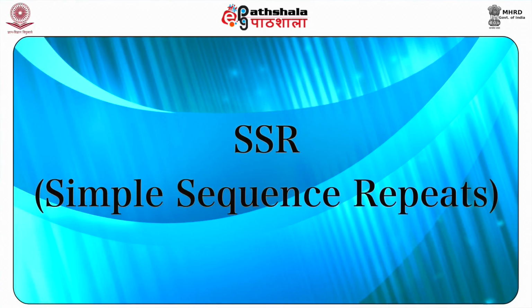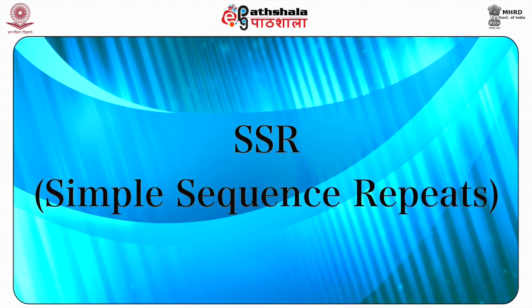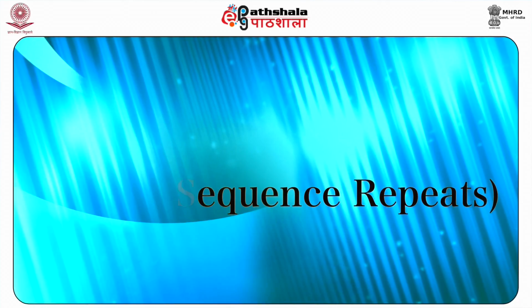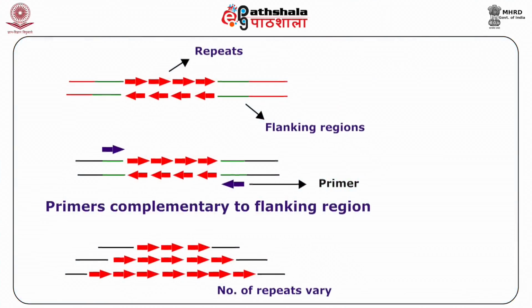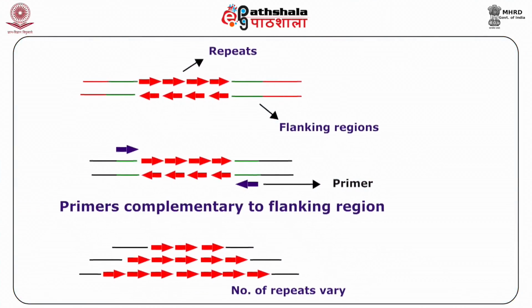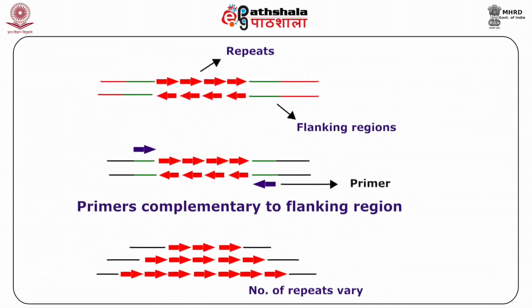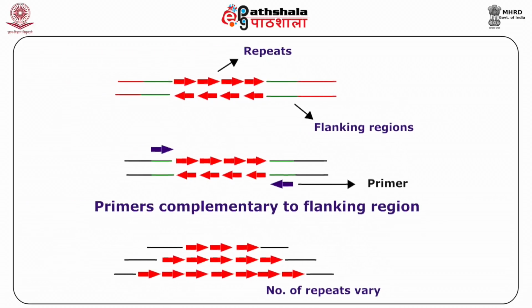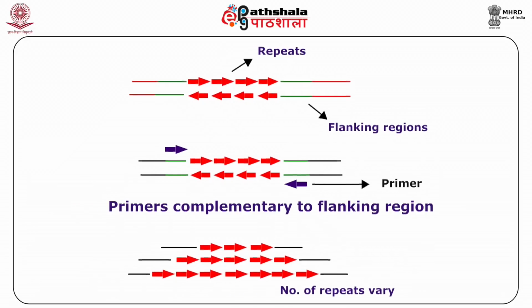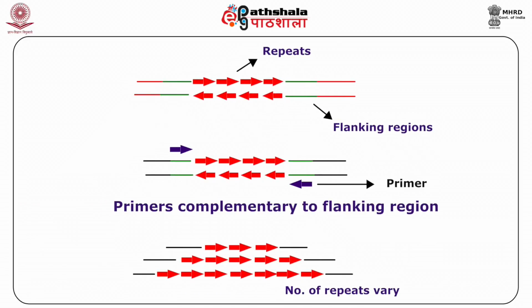Next, we will study SSR or simple sequence repeats. SSR is a simple sequence repeat which is often termed as microsatellite, and STR, that is short tandem repeat. It is a sequence where 2 to 6 base pairs of nucleotides are repeated.